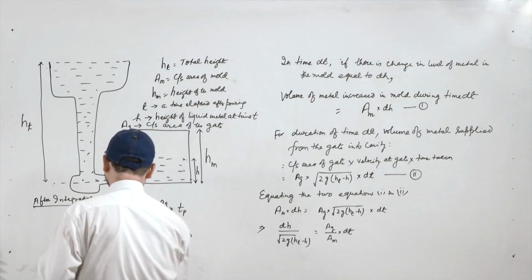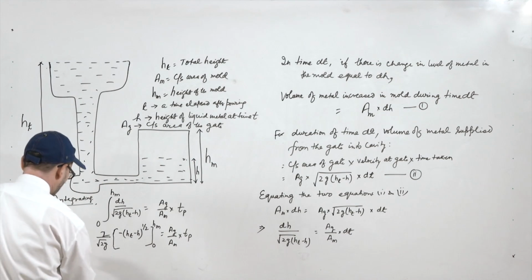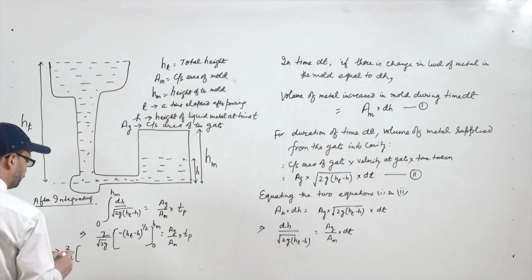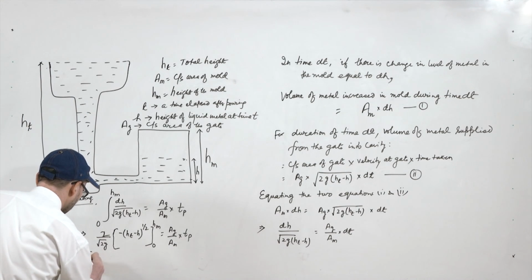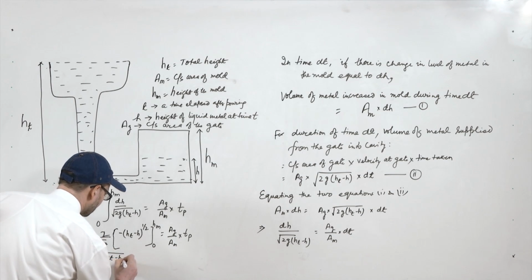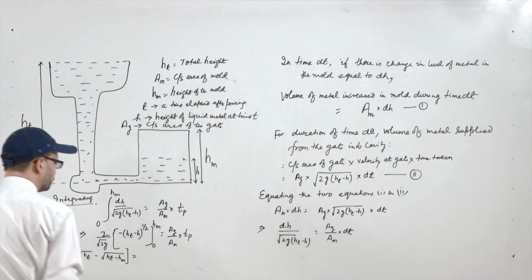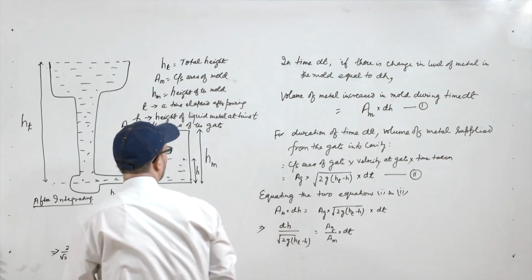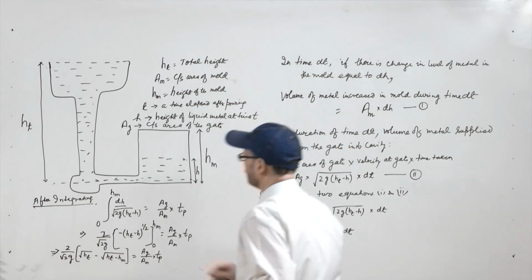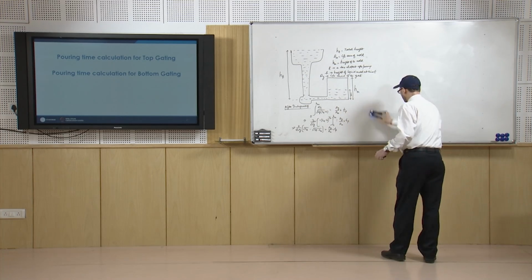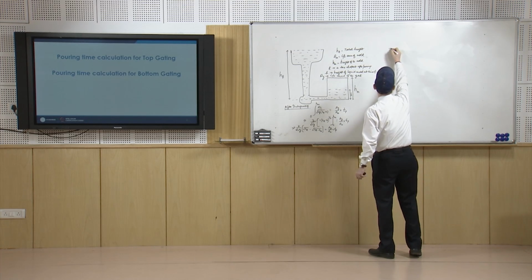So, it comes out to be 2 by root 2g into root ht minus root (ht minus hm) will be equal to Ag by Am into Tp. So, we can find the expression for Tp.